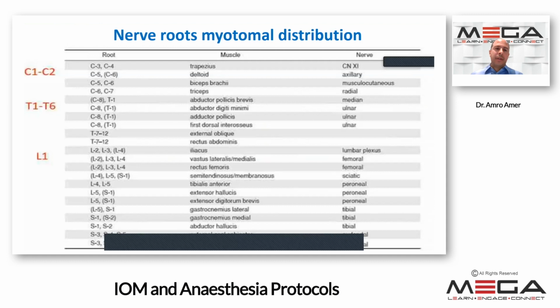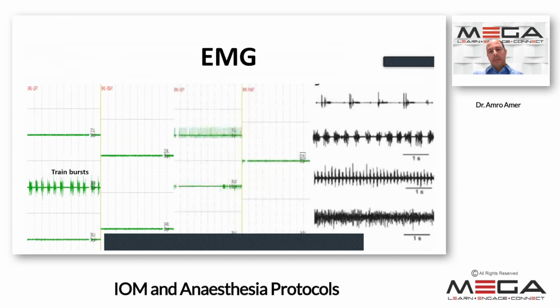For each surgery, let's say an anterior cervical C4-6, I will do motor, SSEP, and EMG. I choose my muscles depending on the surgery level, and I usually go one level above and one level below. So for C4-6, I usually go trapezius, deltoid, biceps, triceps, and pectoralis. That's for EMG.